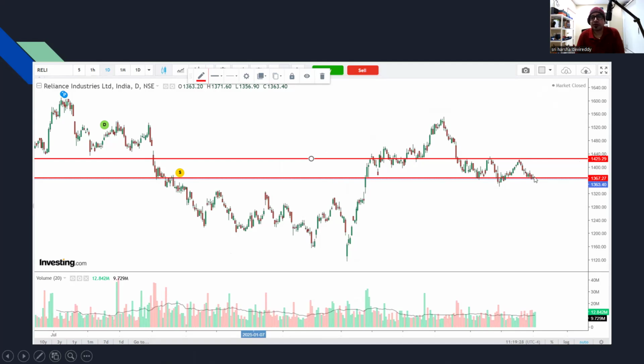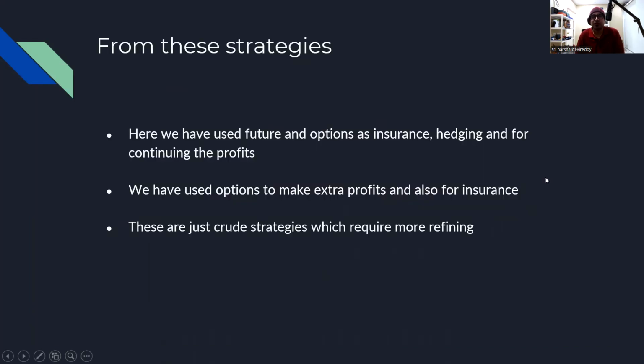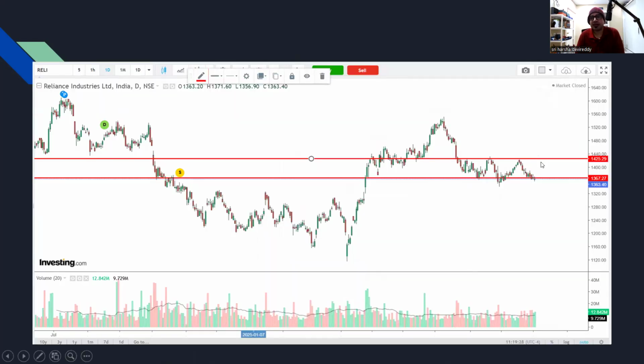Okay, so for example, you bought it here and then it went till here. Then you exit entirely and buy a put. Okay, and then it fell. Then you will make double money, triple money, right? Okay, and if you don't feel like it will fall from here, and you feel like it will rise from here, then you can buy a call instead of buying a put. So now what happened?